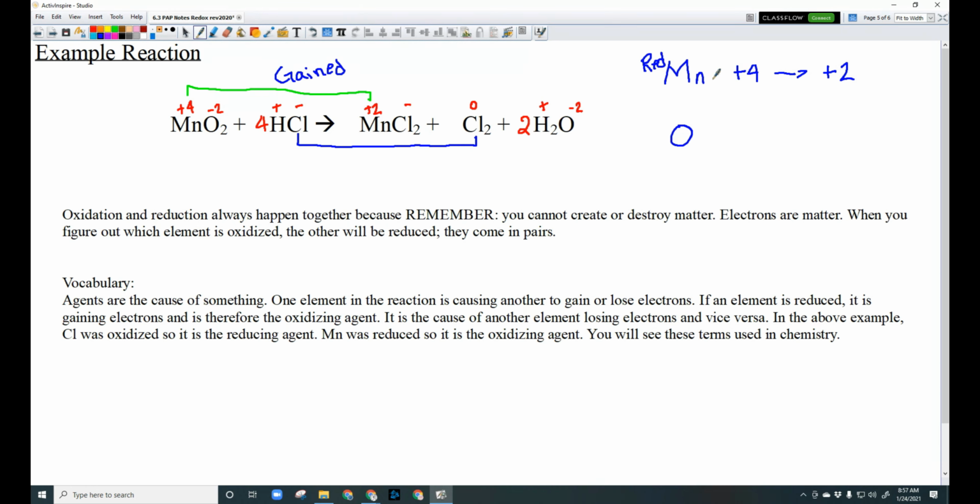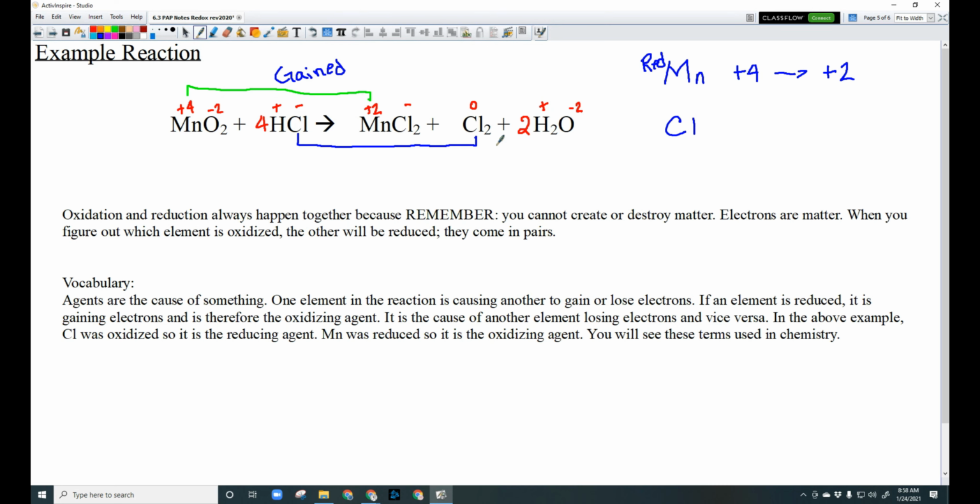Okay, now if this is gaining, that means that oxygen is losing electrons. So let's see. Here we have chlorine. I said oxygen, I'm sorry. Let me back up. That's not oxygen, it's chlorine. Okay, chlorine. All right, I apologize for that. If it confused you, I'm sorry. Okay, so chlorine here starts off with a -1 and it goes to 0.